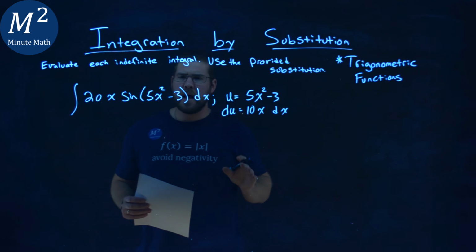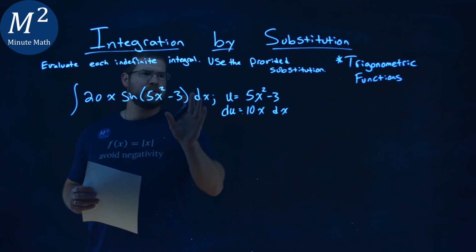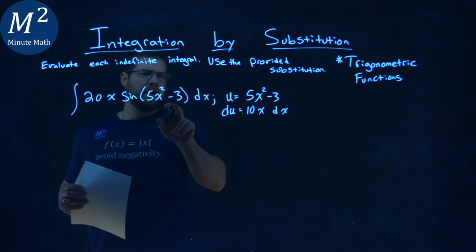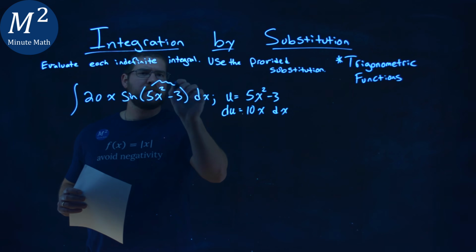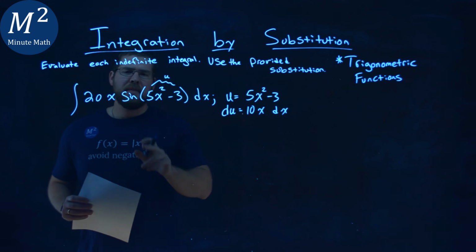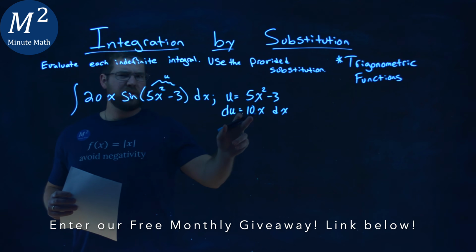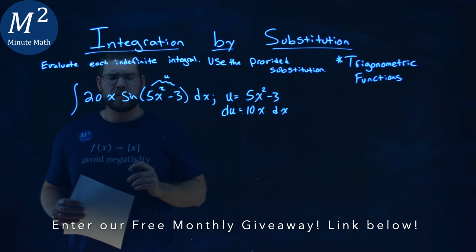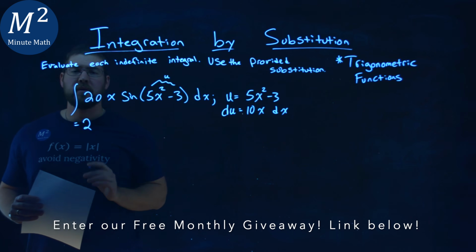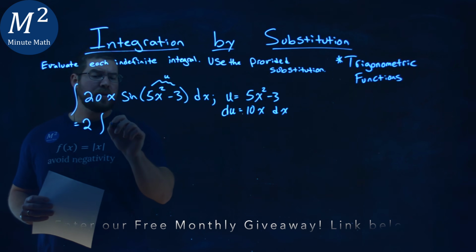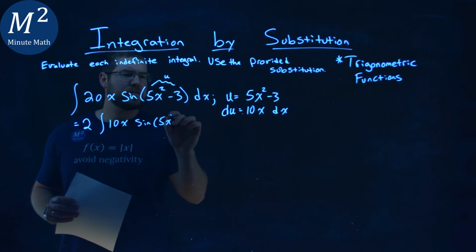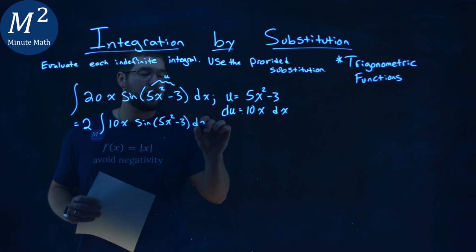Okay, so now let's see if we can rewrite this in terms of u and du, and we're very close. Clearly my u value is inside of sine right here. And then my du, well, it's almost there. We have a 10x dx, but here we have a 20x. So if I pull out a 2 outside of the integral, I'm left with a 10x sine of 5x squared minus 3 dx.